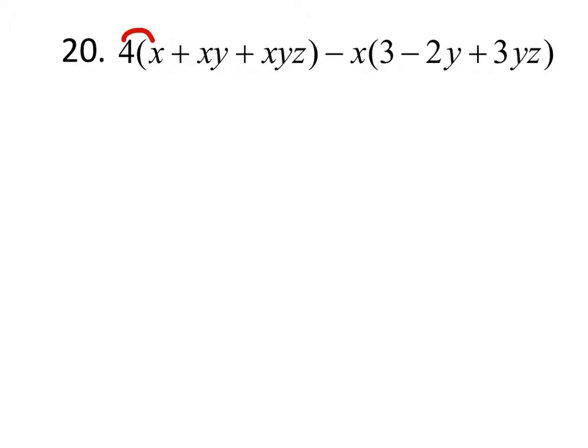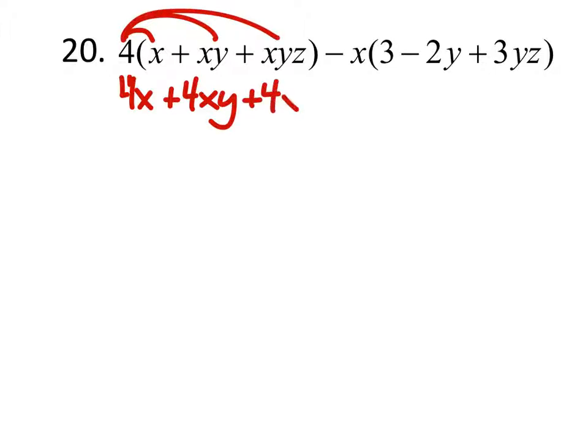This one has 3 each, and that's okay. So 4 times x is 4x. And then 4 times xy would give us 4 xy's. And 4 times xyz would give us 4 xyz's.